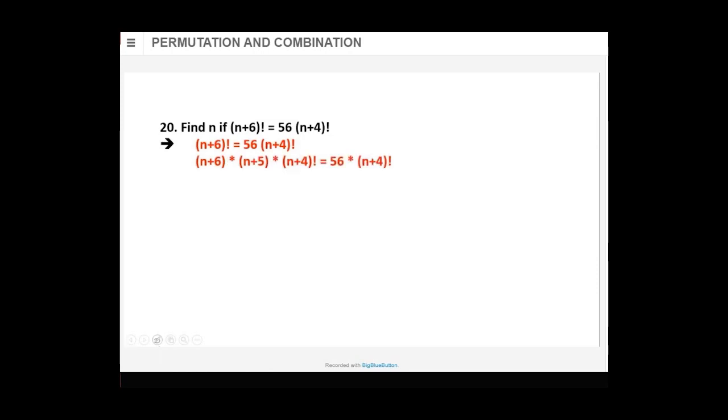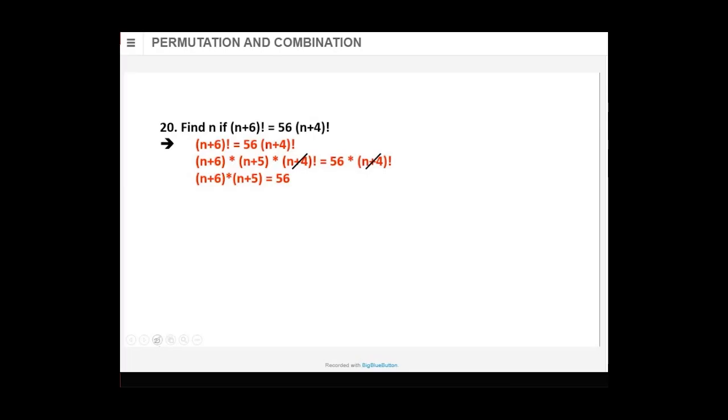Now, आगे मैंने क्या किया? n plus 6 factorial को स्प्लिट अप किया, सिंप्लीफाई किया। n plus 6 into n plus 5, minus 1 कर रहा है ना? 6 minus 1 is 5. n plus 5 into n plus 4 factorial is equal to 56 into n plus 4 factorial. अभी n plus 4 factorial, n plus 4 factorial gets cut. क्या बचा? n plus 6 into n plus 5 is equal to 56.